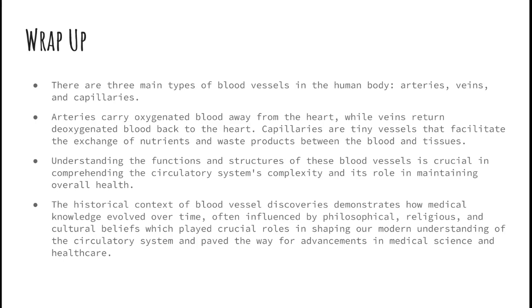The capillaries are tiny vessels that facilitate the exchange of nutrients and waste products between the blood and tissues. Understanding the function and structure of these blood vessels is crucial in comprehending the circulatory system's complexity and its role in maintaining overall health.